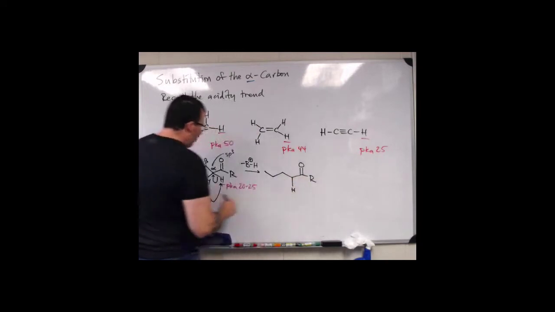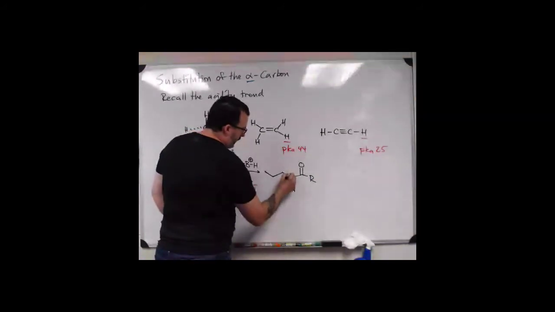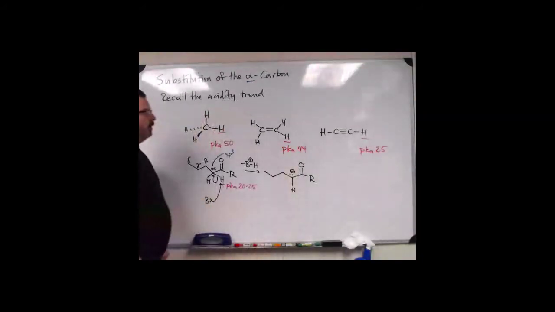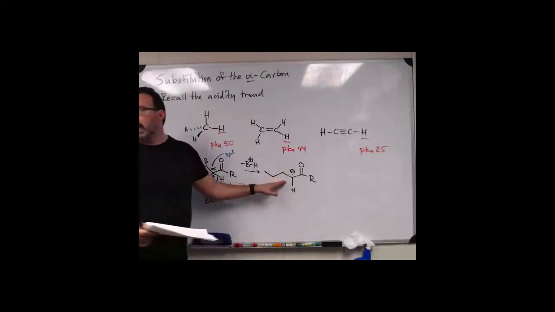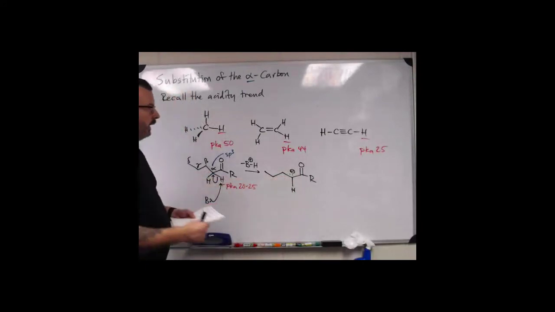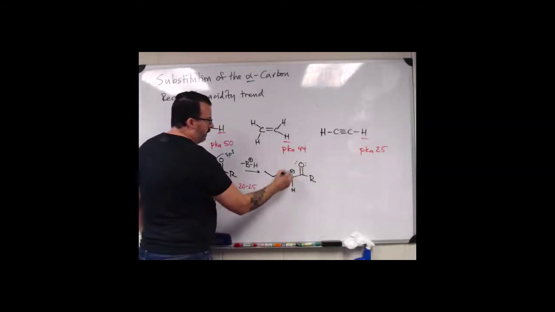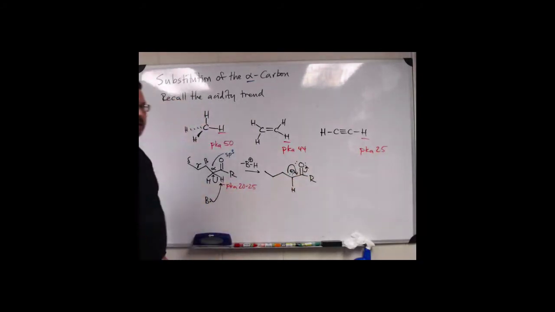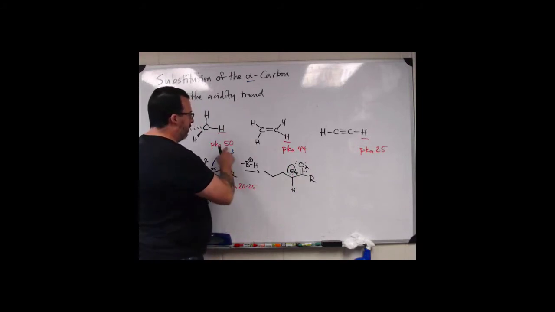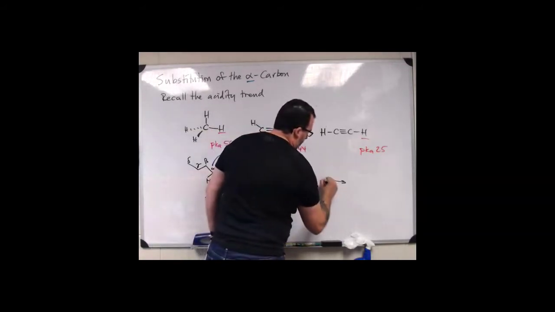We still have a remaining hydrogen. There it is. Then we have our negative charge. So we have a carbanion. Carbanions are pretty reactive intermediates. However, due to the proximity of this carbonyl, we can delocalize that lone pair onto the oxygen, so that stabilizes it. That's why this acidity drops so much from 50 to this range here. And again, here's our resonance arrow.